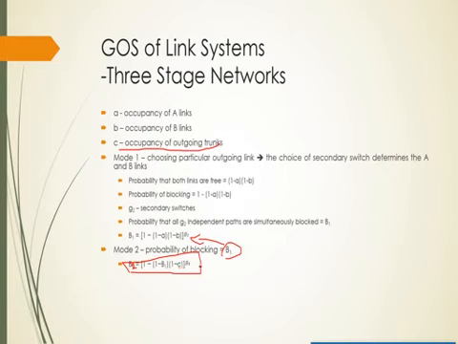And since G3 number of switches are present in the tertiary stage, all switches being blocked will be given by the product of 1 minus B1 into 1 minus C, multiplied G3 number of times, which will give me the probability of blocking or the grade of service for three-stage networks in mode 2.